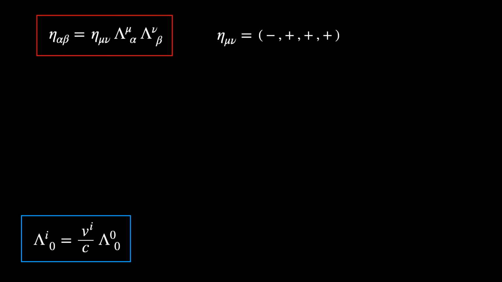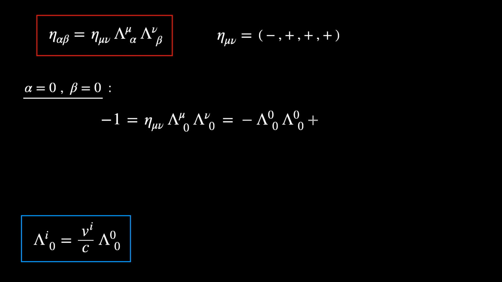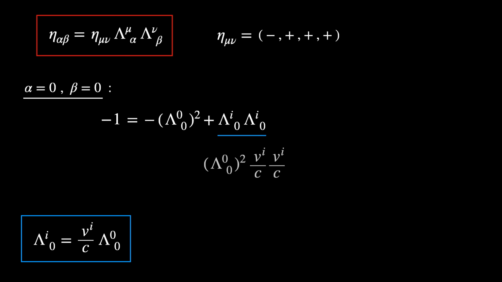Now we solve for lambda by breaking down the equation in the red box into three parts. The first equation corresponds to both of the indices being the time component. We can substitute the result in the blue box into the second term on the right-hand side.